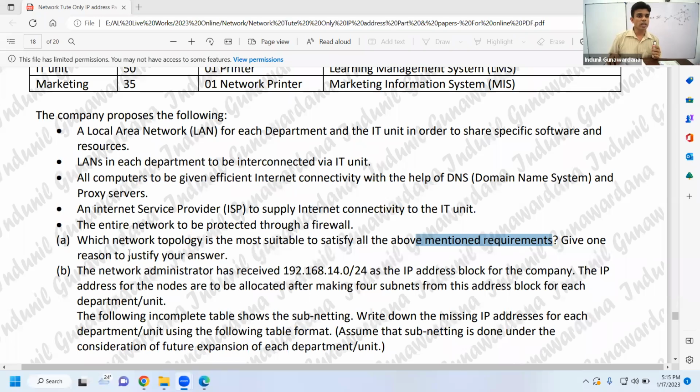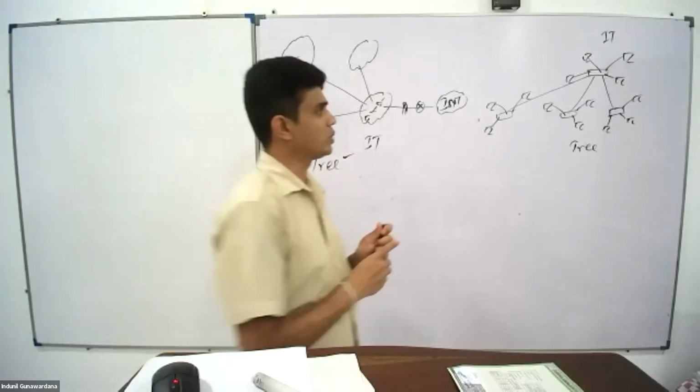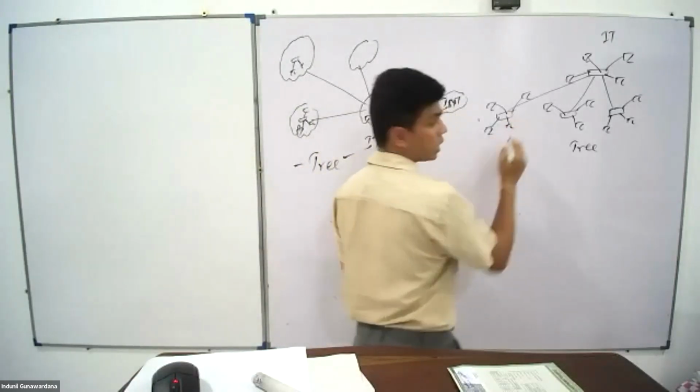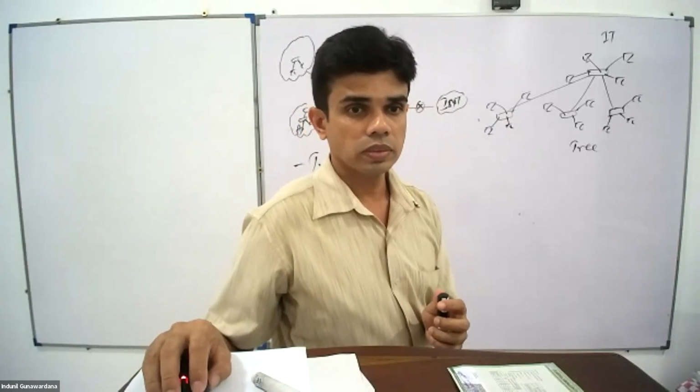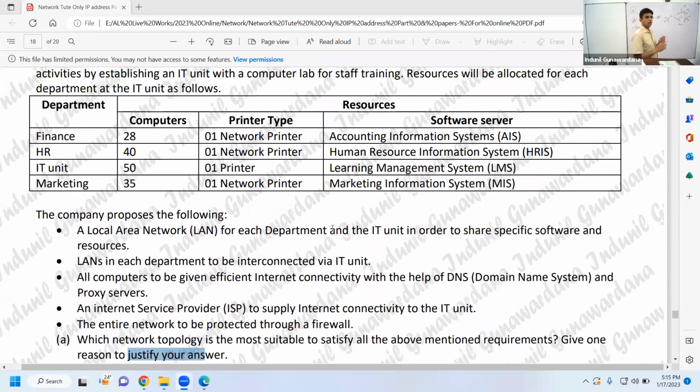Mention, give one reason to justify your answer. Then you have to write the reason too. Then you will draw this sort of a drawing. And what are the departments available? HR, then finance, as well as marketing.